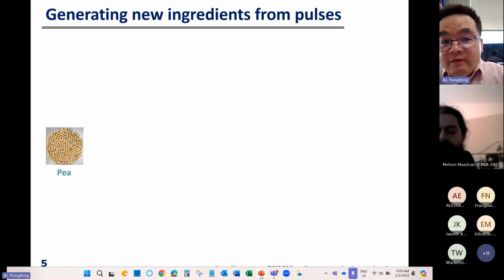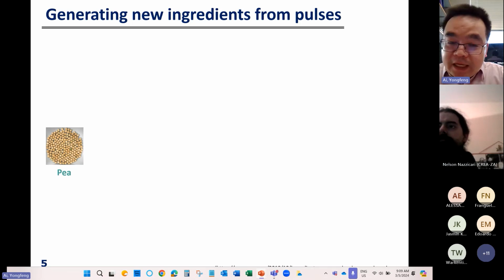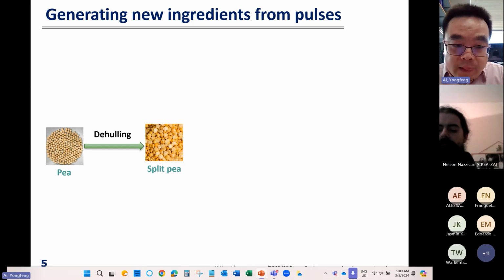In the past 10, 15 years, pulses have gained a lot of interest from the food industry for ingredient innovation. On this slide, I would like to use pea as an example to explain how the processing is done. Usually, we start with the whole seed. The first step is dehulling.